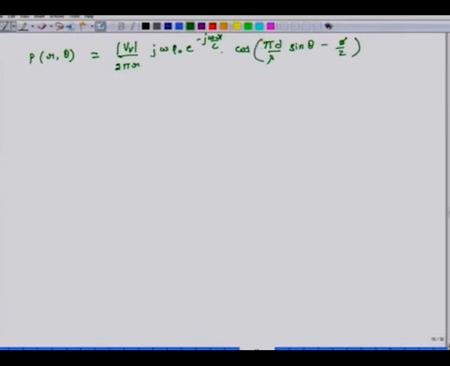What we are seeing here is that the first term depends on r, and this term depends on theta.